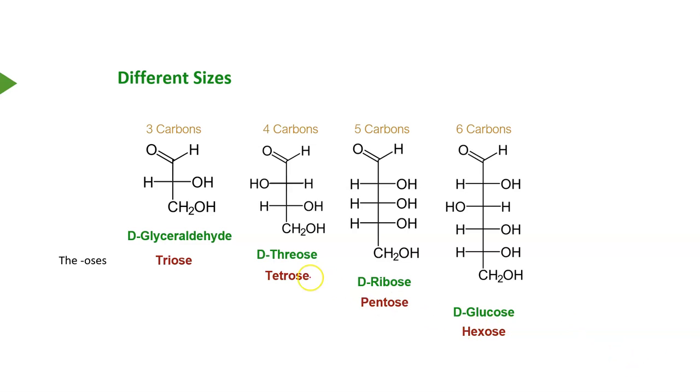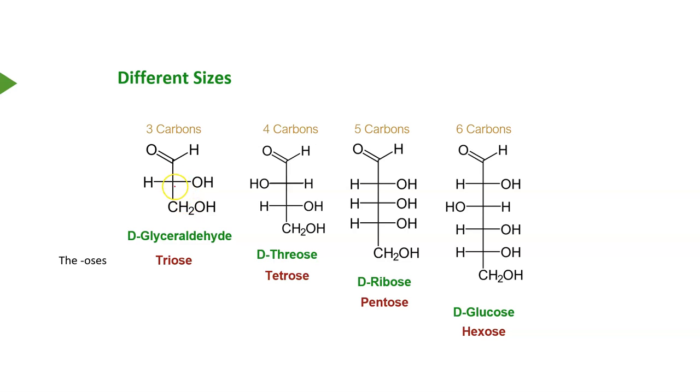These are more generic names describing the number of carbons in those groups. These names were given historically when we started to figure out that these have 3, 4, 5, or 6 carbons, before we really knew the structure and the orientation.